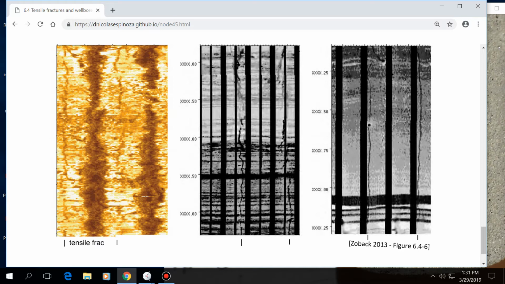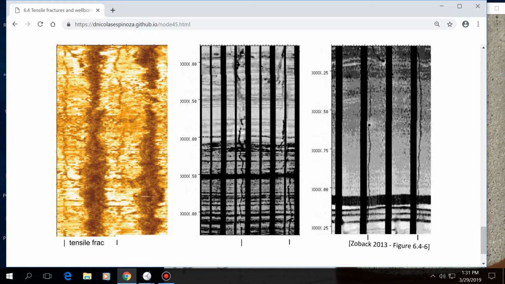Here, there, and also over there and there. So how far apart are these tensile fractures in angle? 180 degrees, right? Because they're opposed to each other around the wellbore. It's just because of symmetry that they are 180 degrees apart.